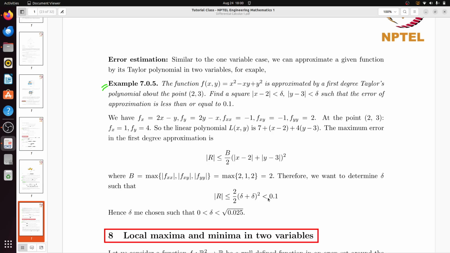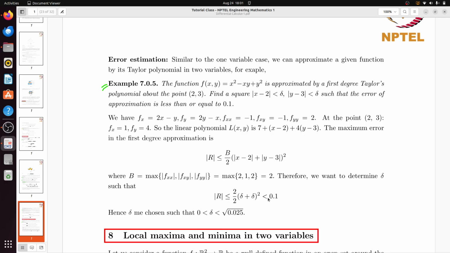Your delta will be square root of 0.025, like that. You can just calculate it. Is it clear to you? Whoever has joined, is this problem clear, or do I need to discuss it? Is it clear? Yes, sir.